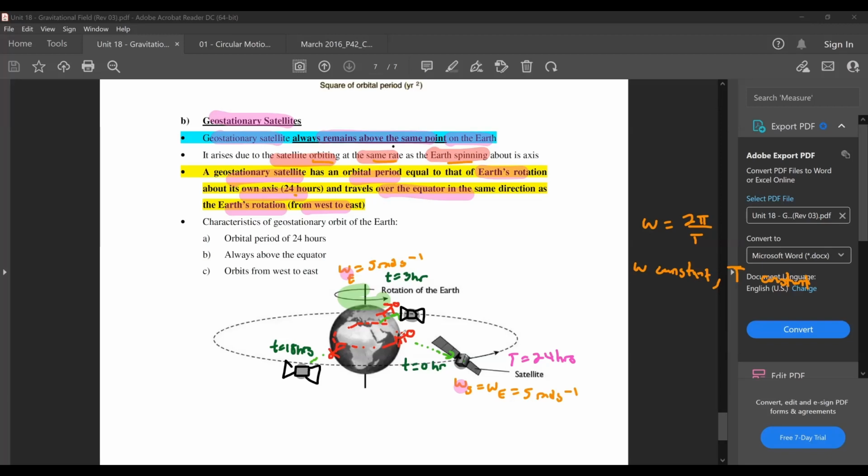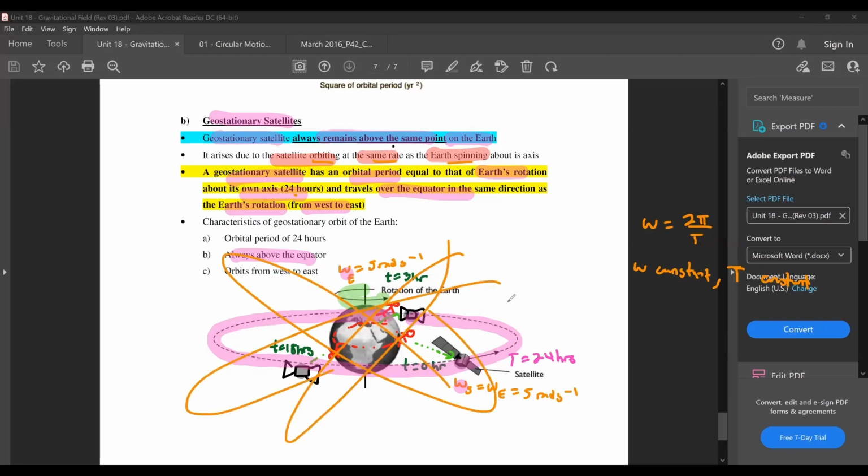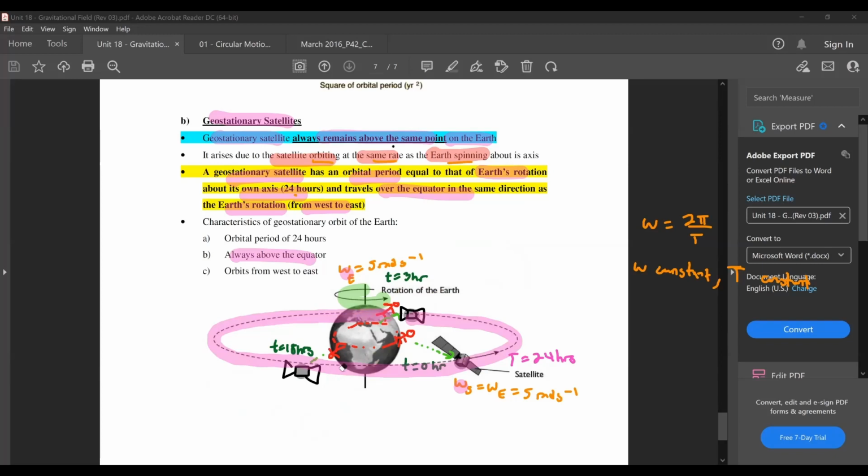And there's one specific thing that you also need to be aware of. Geostationary satellites are only possible if they orbit above the equator. If it is at some other angle, like this one, or this one, or this one, a geostationary satellite is not possible. It must orbit above the equator.